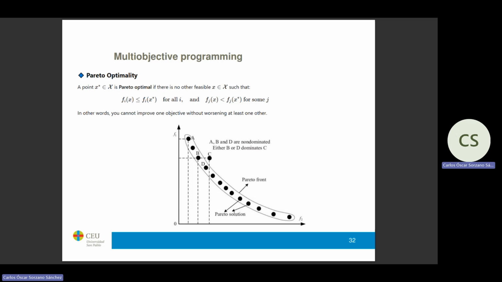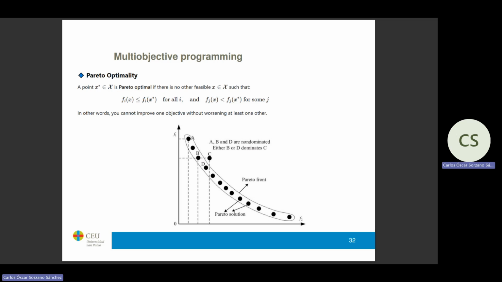Why is C not in the Pareto front? Let's say that my current solution is C. I can still go to B, and I'm getting better in F2, and I'm not getting worse in F1.